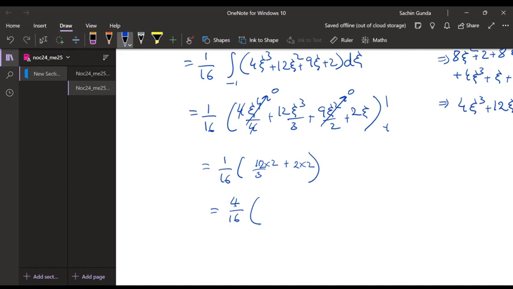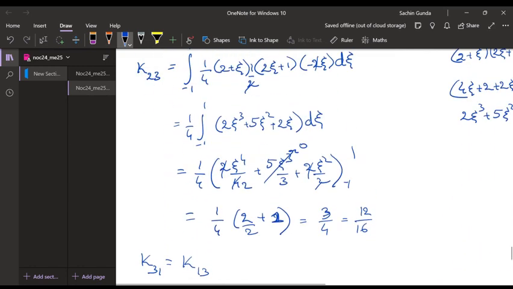For it's 3 by 4. Similarly, I need to change the previous integrals as well.